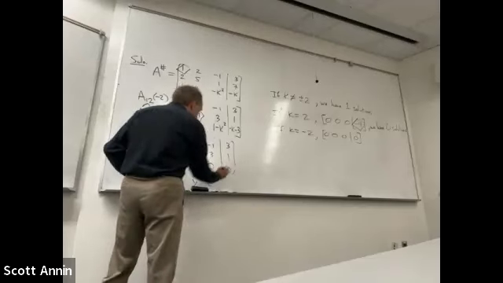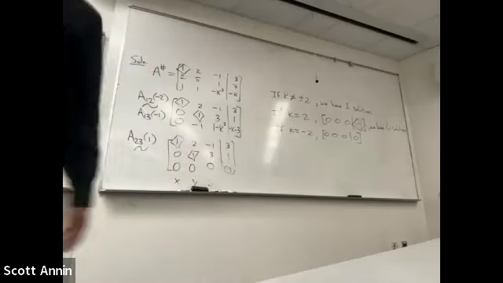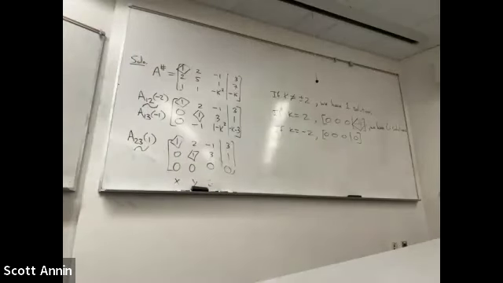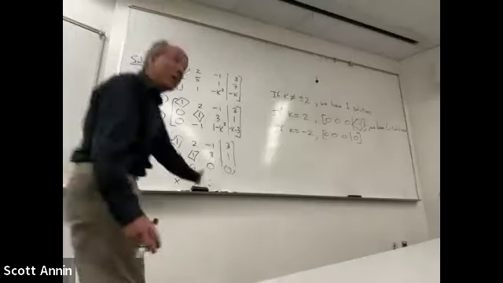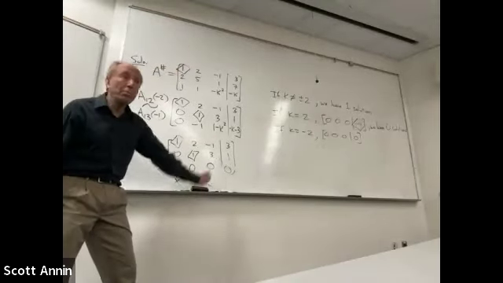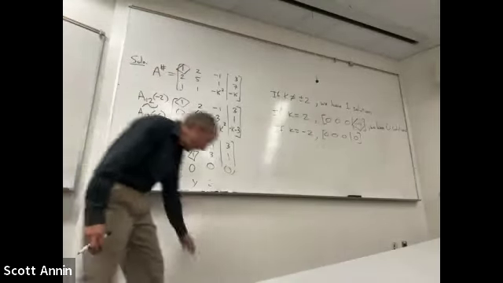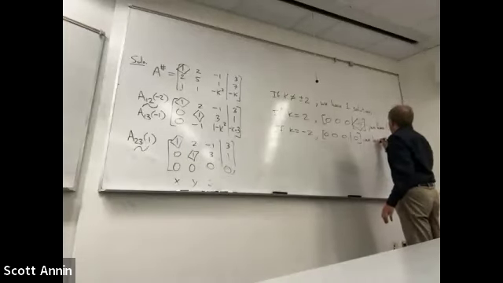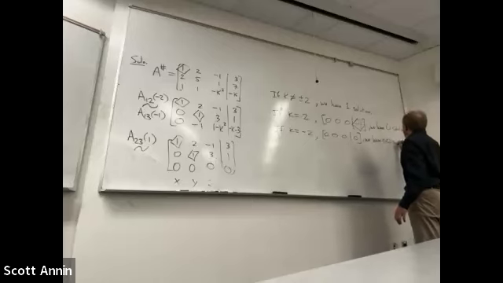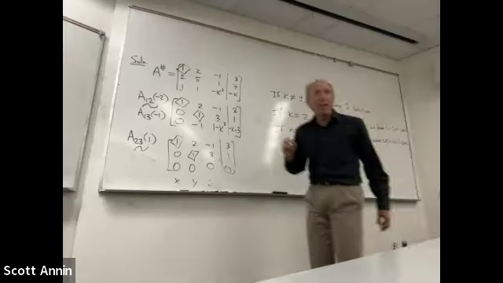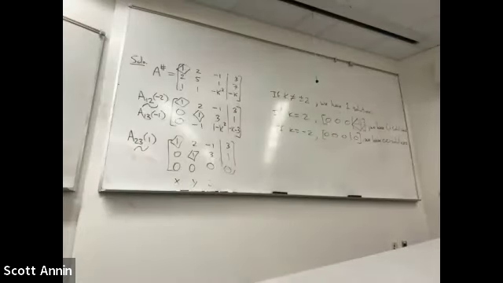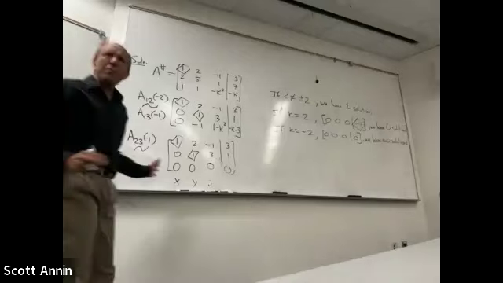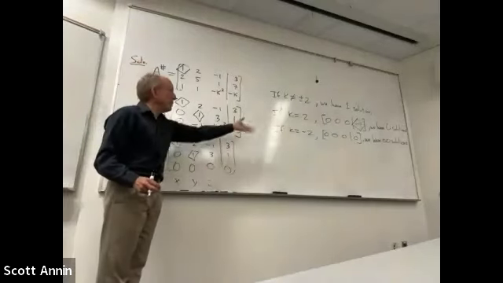You just have all zeros here. How many solutions does this have? Infinitely many, doesn't it? Because there's a free variable now. The free variable being z, right? So in this case, we have infinitely many solutions. Does that seem okay? Making sense? Yeah, okay.